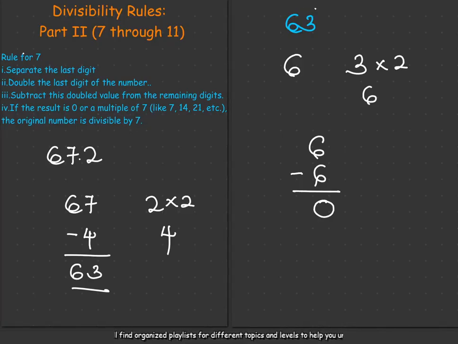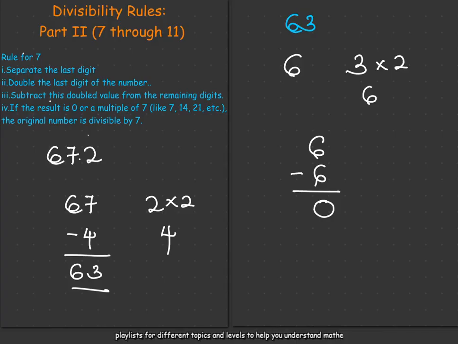So we've been able to determine that 63 is actually a multiple of 7. And if 63 is a multiple of 7, then it also means 672 is also a multiple of 7. As I said earlier on, you could have ended here if you know that 63 is a multiple of 7. Hence, 672 is also a multiple of 7.